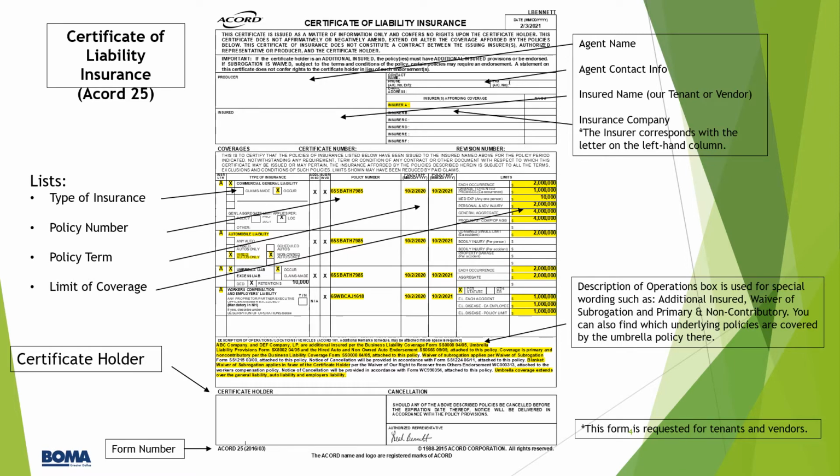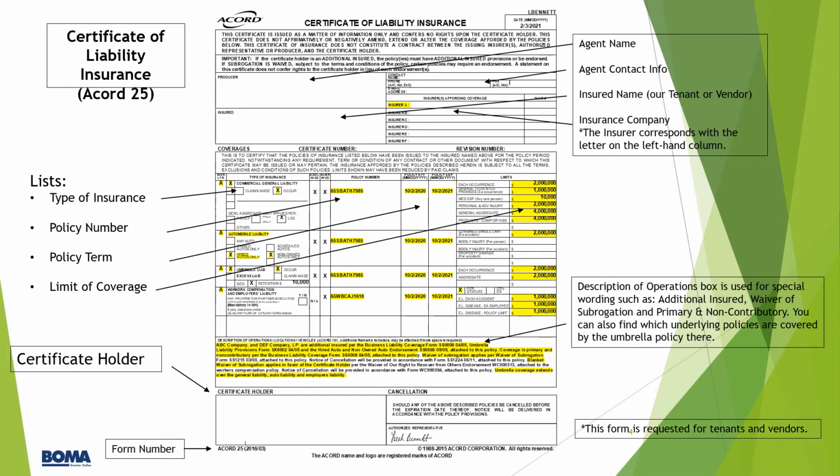I also want to point out that at the very bottom of insurance forms, usually the bottom left corner is going to tell you what form number we're talking about. That is true for ACORD forms, but also for company-specific forms. You can usually find the form number at the bottom left corner.